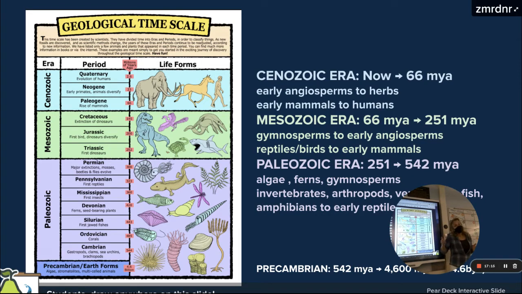Then the era right before the Cenozoic era was the Mesozoic era, and it ended when? 66 million years ago, because that's when the Cenozoic era started, right? Then when did it start? That's about when school's out, right? Okay. Then the era before that was the Paleozoic era, the old and Paleozoic.